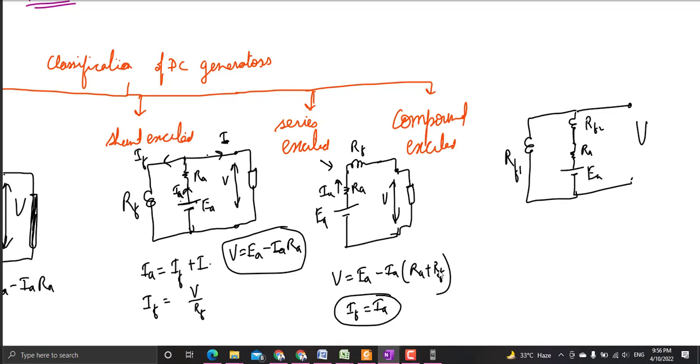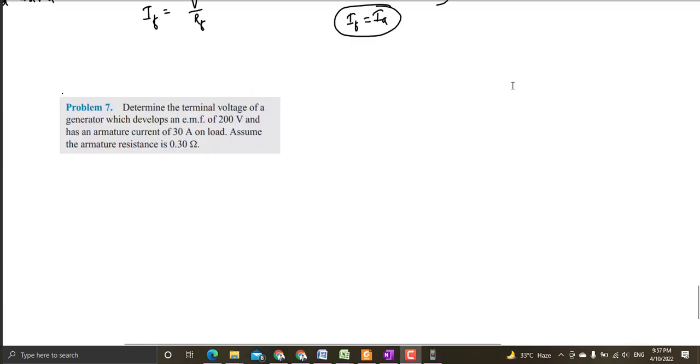So let us see some questions now. The question asks: determine the terminal voltage of a generator which develops an EMF of 200 volt.